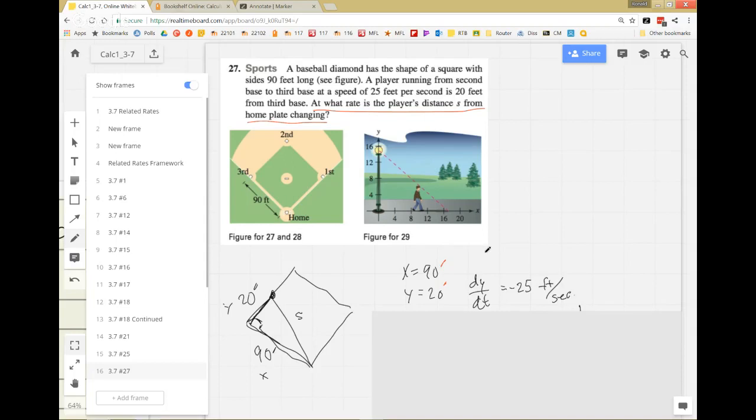Because he's decreasing the length. This 20 is getting shorter at the rate of 25 feet per second. And what are we supposed to find? ds/dt. So now we've got the problem completely set up. It's time to do our differentiation here.